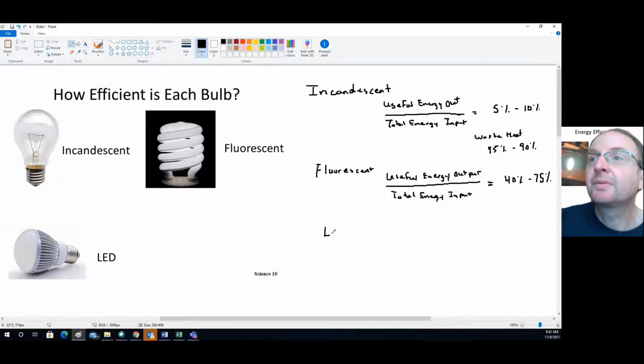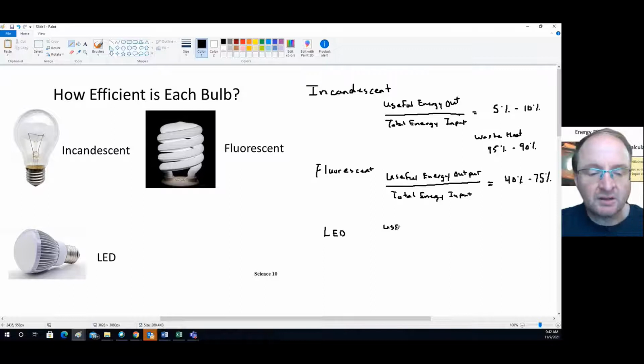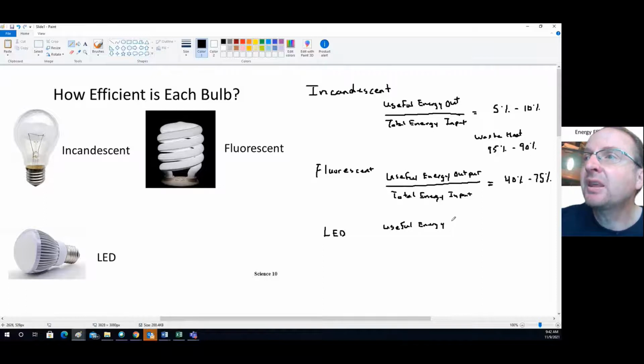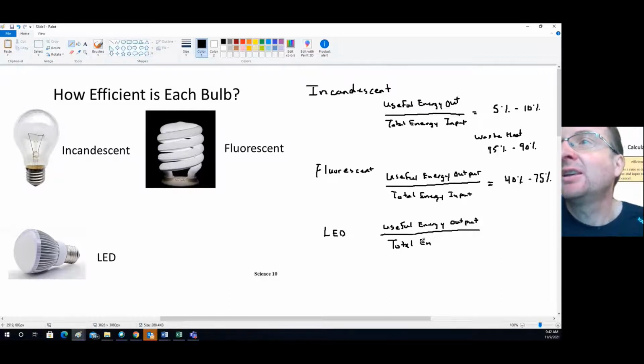Still a fair bit of heat being given off by these, but not as much. LED, though, stands for light emitting diode. Useful energy output, and it's a light bulb, so therefore it's light, over your total. The top number is going to be smaller, because you can never give off more energy than you're putting in.